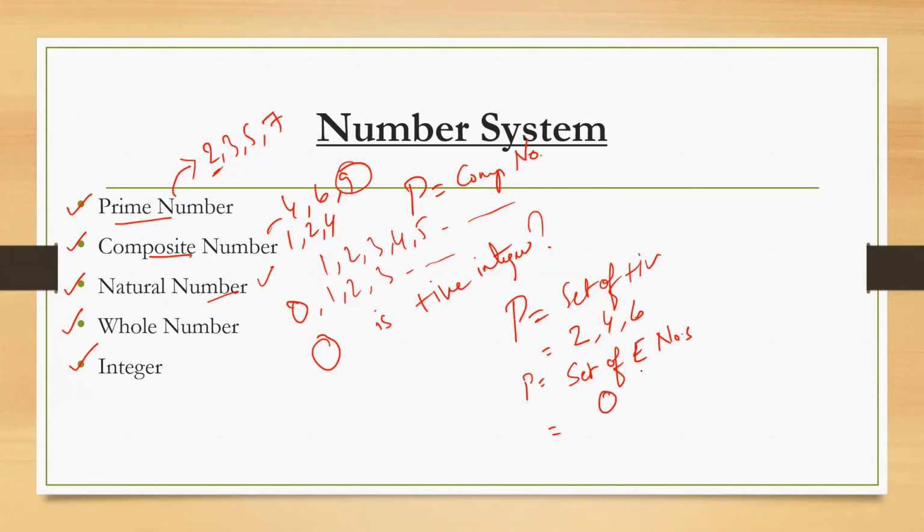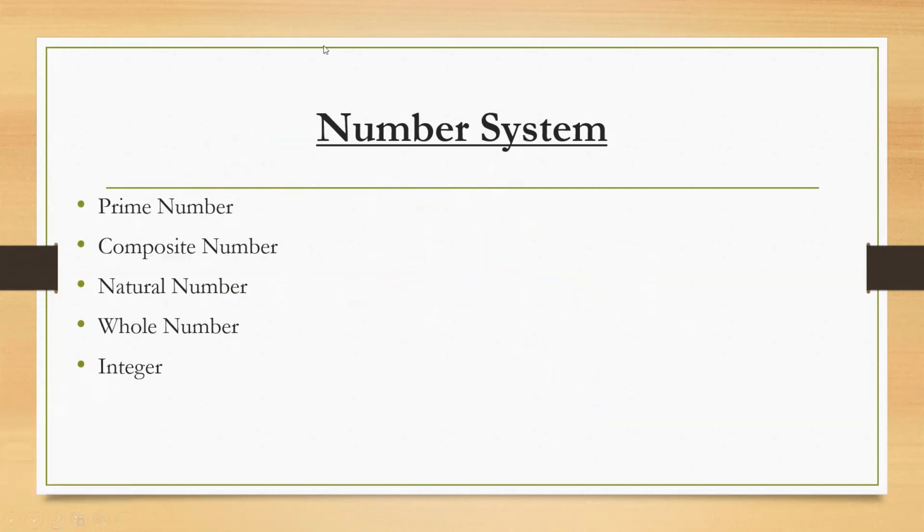Okay, so there is a confusion there. Let me discuss why this is relevant, so that we do not face this problem again. The question will be of this format: P is a set of even numbers, and let's say Q is a natural number.